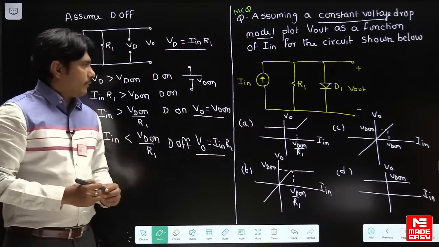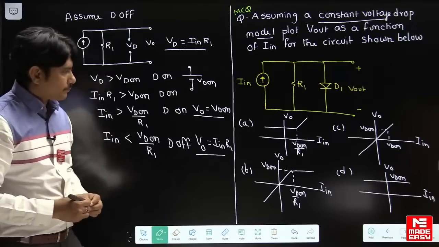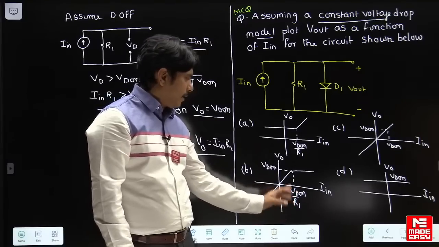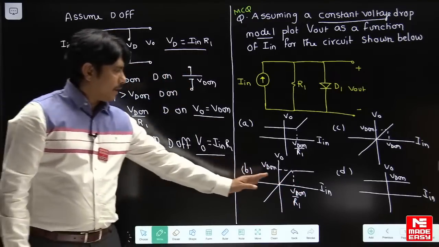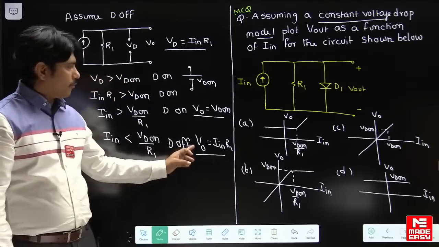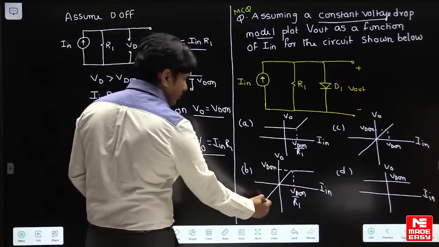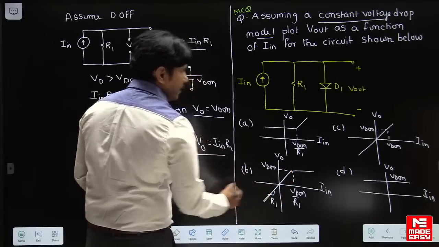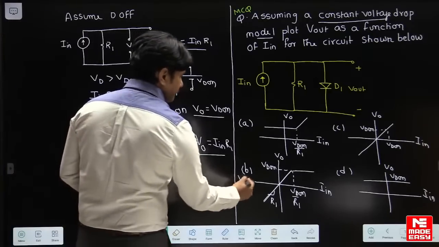V naught equals VD on for IIN greater than VD on by R1. If it is less than, it's Ohm's law, output is equal to IIN into R1, which is just like a line passing through the origin, having a slope of simply R1. It matches option B, so B will be the correct answer.